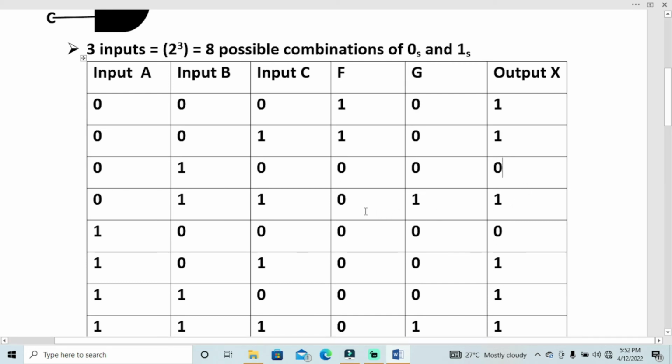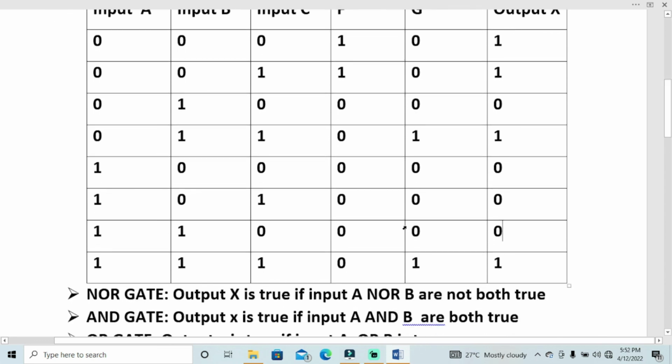Here one of them is true, which is G, which gives us a true output. In this situation neither is true, so we get an output that's not true. Here neither is true, so again not true. And here neither of them is true, so we get an output that's not true. Here we have this as true, so we get an output that's true. So that's going to be our output X.